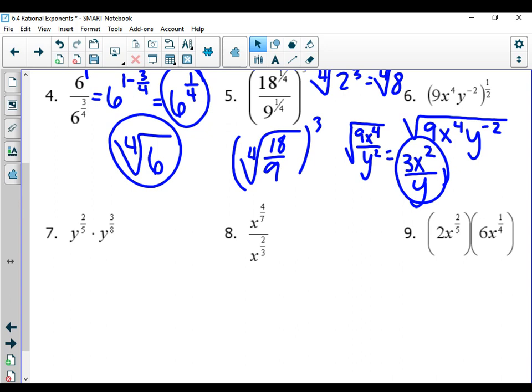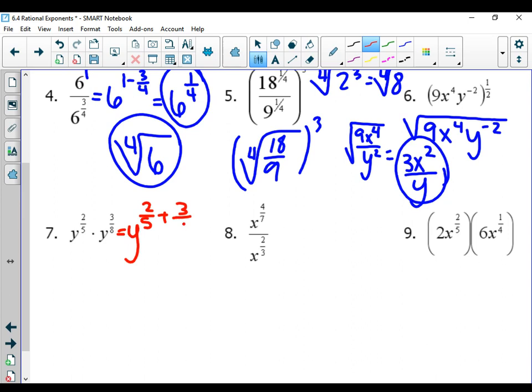Okay, let's go through these really quickly. All right, so if we're multiplying with the same base, we are going to add. We've got 2/5 plus 3/8. If you want to make your life simple on yourself, you can just multiply by 8 here and 5 here, make them both under 40. So 2/5 plus 3/8.